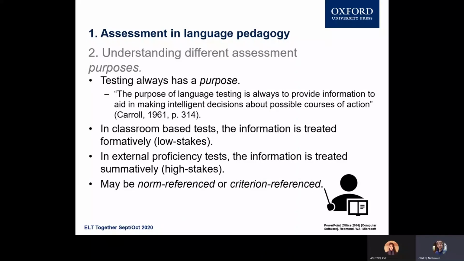Instead, we set a score, maybe 80% within the test itself, and then 80% is always an A, regardless of who's taking the test. And if you have a lower ability language group and nobody gets a score of 80%, then in that situation, nobody would receive an A. Those score bands relate very specifically to particular claims about language ability. So that's the difference between norm and criterion referenced testing.